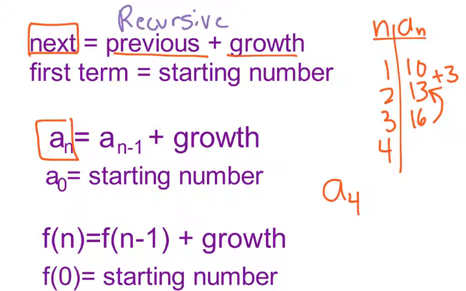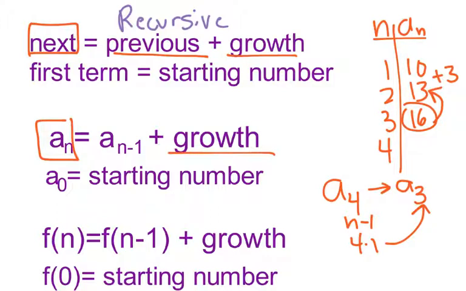So we're dealing with the fourth term. How do we get the fourth term? We need the previous term, the third term, or n minus 1. 4 minus 1 is 3. And then we apply that growth to it, add 3, and get 19.